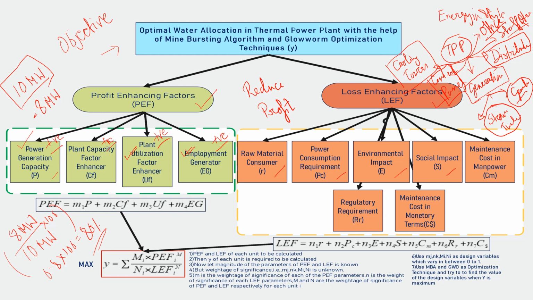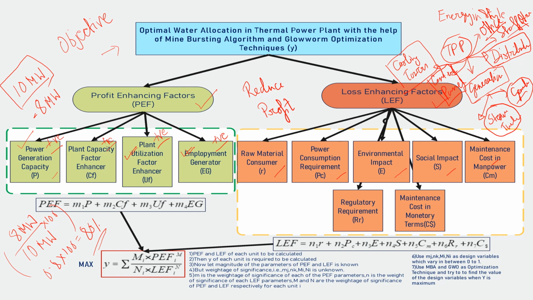How much maintenance cost is there in terms of manpower, how much manpower is required to maintain that unit, how many laborers you require to maintain that unit of the power plant, how many technical and non-technical persons you require to maintain this unit.